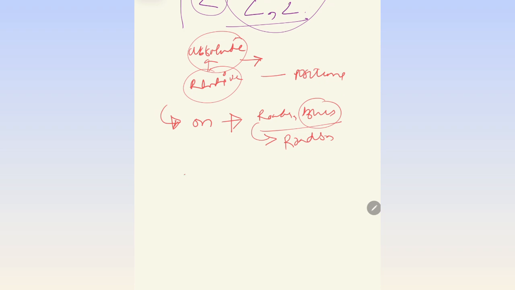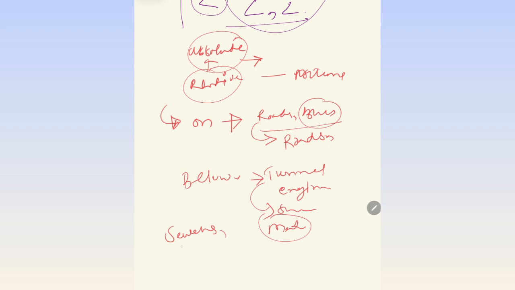And also when we talk about below the surface, we have tunnel engineering. We have the survey used in making tunnels, whether those tunnels are for connectivity, like of railways and roads.